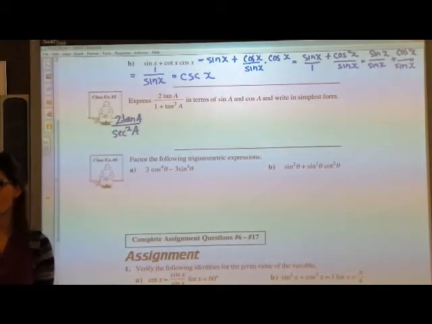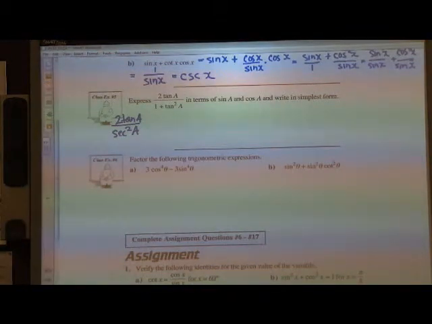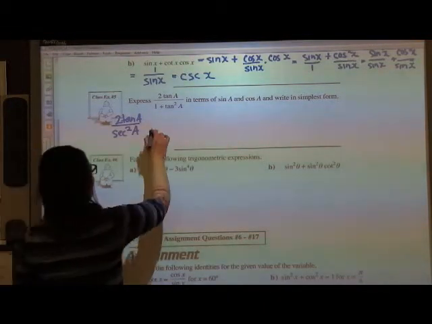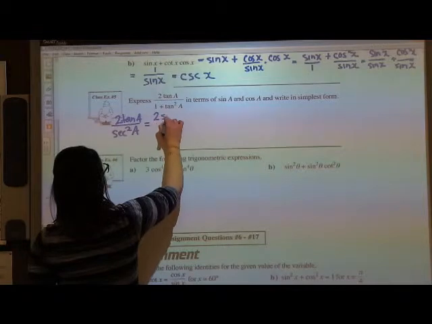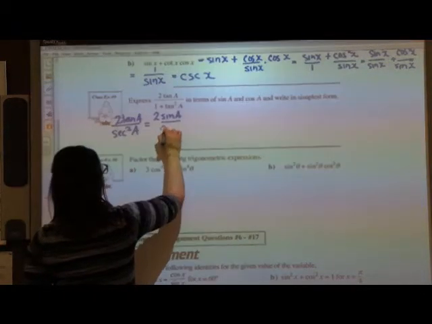So I've gone from having 3 terms to now having 2 terms. That's a step closer. And now if I look at what Rachel said with my tan, what can I rewrite tan as? Sine over cos. So I get 2 sine a over cos a.